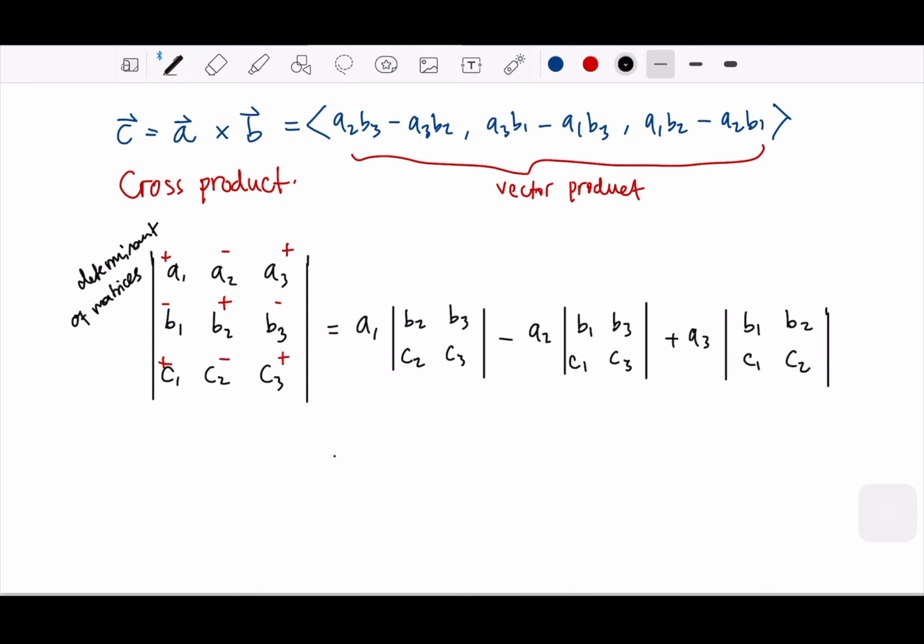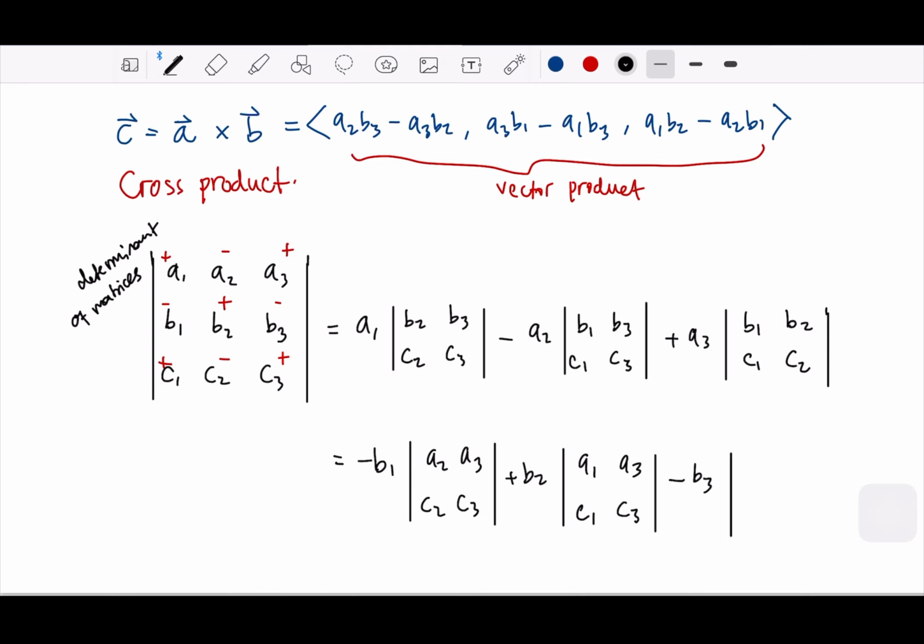So we can also write this as minus B1 with A2, A3, C2, C3, plus B2 with A1, A3, C1, C3, and minus B3 with A1, A2, C1, C2.